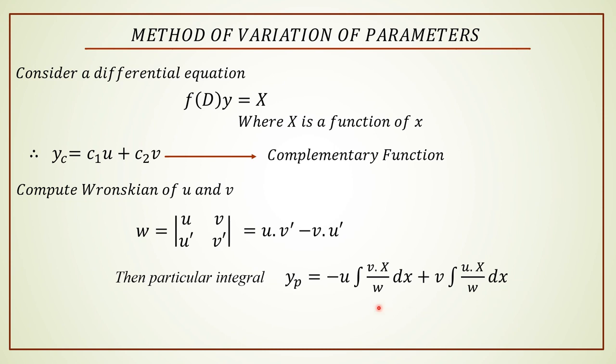Solve the integrals, so that whatever resultant you are getting is the particular integral of the given differential equation. Then the complete solution is given by y is equal to the sum of the complementary function and the particular integral. Hope it is clear to you.